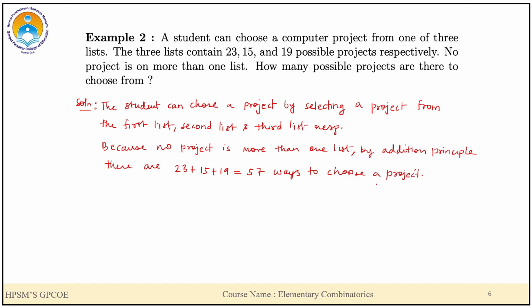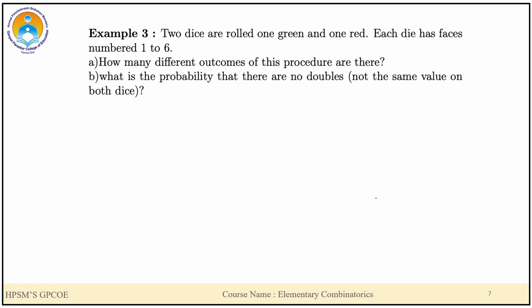I hope you understand both these examples based on the addition principle. Now let us look at some examples on the multiplication principle.